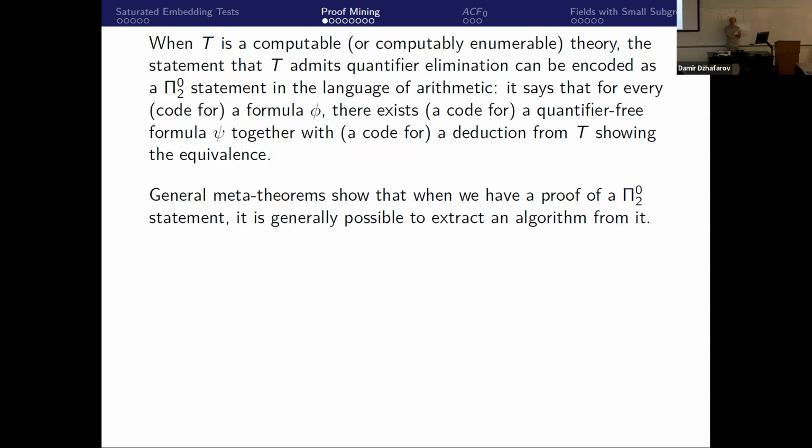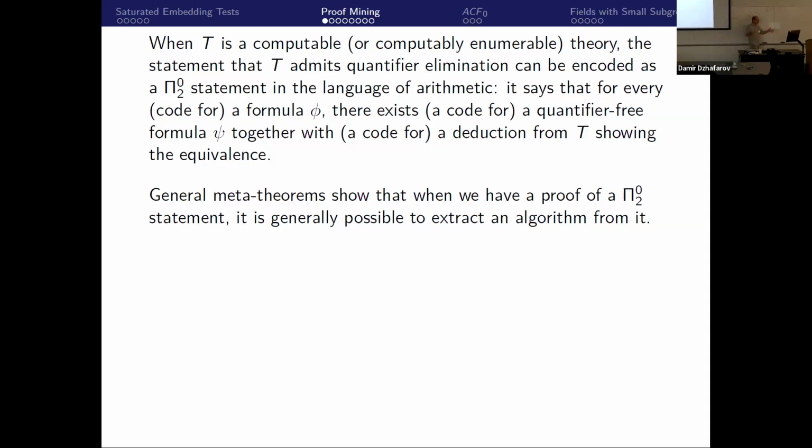That is, it expresses that a particular computable function is a total computable function. Because what it's saying is that for every code for a formula, there exists a code for a quantifier-free formula and a code for a deduction that these two formulas are equivalent. And so there exists this total recursive function, this total computable function, where you just blindly search for the correct thing. And your proof of quantifier elimination tells you, okay, this function always terminates. You don't know how long it's going to take, but you promise this function always terminates.